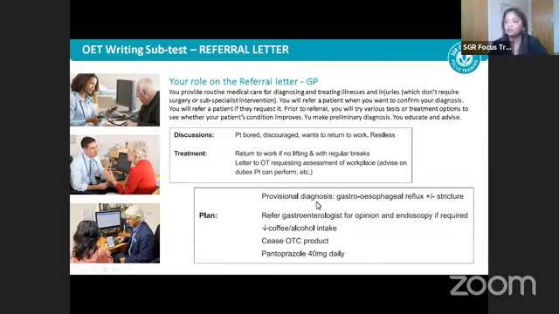After the provisional diagnosis, you will then make a plan to request specialist intervention, and this time around, for opinion and endoscopy. Other than that, you're also giving advice to your patients with regards to coffee and alcohol intake, as well as stopping over-the-counter products and taking a specific medication.